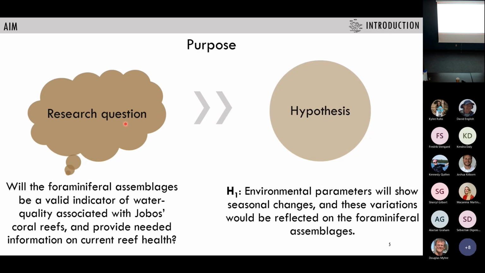My project adds to this situation by proposing to use benthic foraminifera assemblages as a valid indicator of water quality changes and environmental parameters, as a biomonitoring tool for coral reef ecosystems. The hypothesis is that environmental parameters will show seasonal changes, and this variation will hopefully be reflected in the foraminifera assemblages.